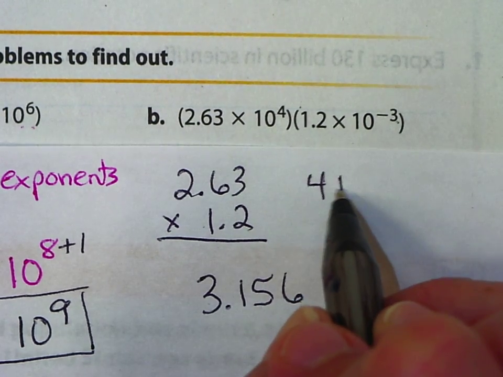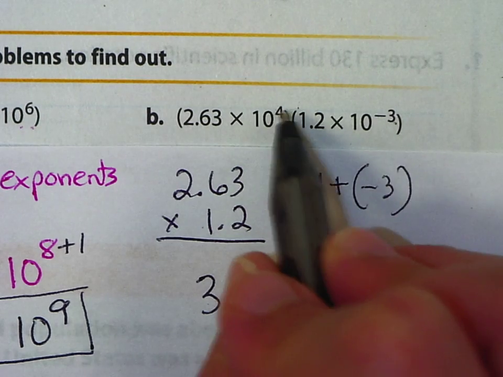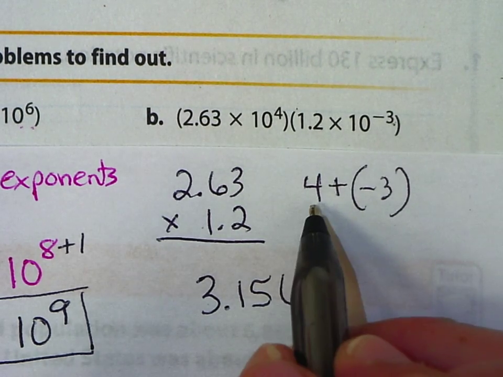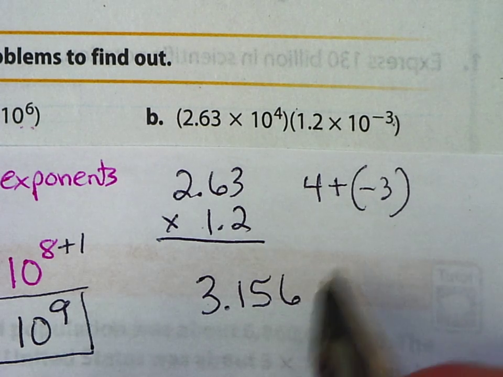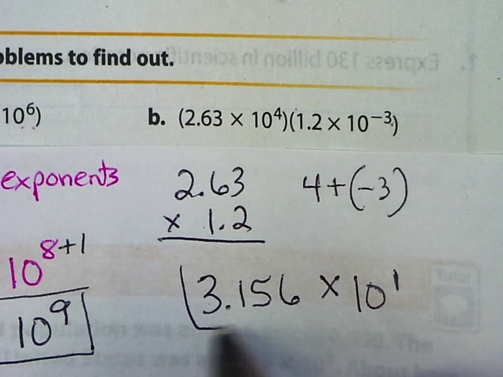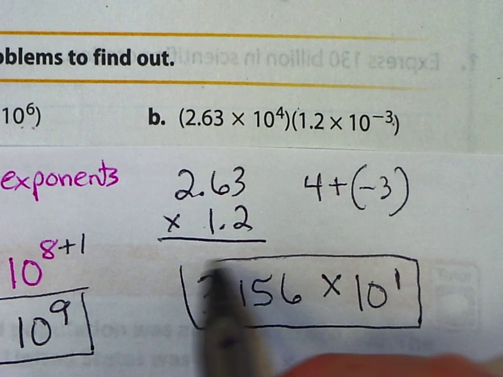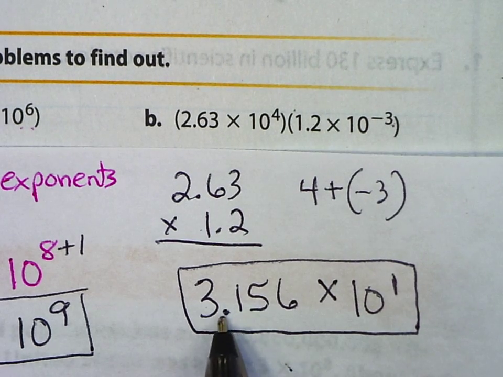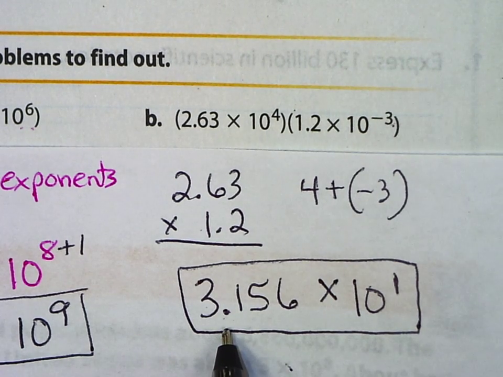So we have 4 plus a negative 3, and that actually equals 1. You're going to subtract those two numbers and use the sign of the bigger number. So final answer, 3.156 times 10 to the 1. We didn't have to move this decimal because this number was already 1 or more but less than 10.